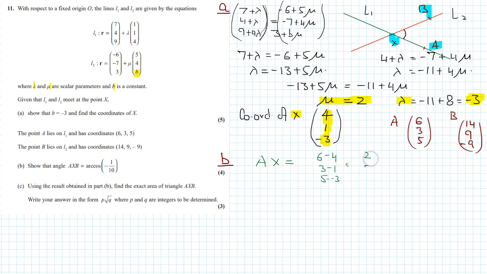So that is 2, 2, 8. That is AX. And BX is 14 minus 4, 9 minus 1, minus 9 minus 3. So this is 10, 8, minus 6.